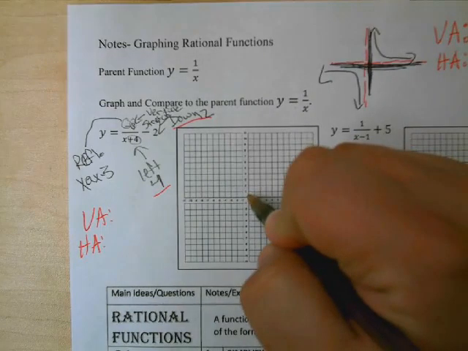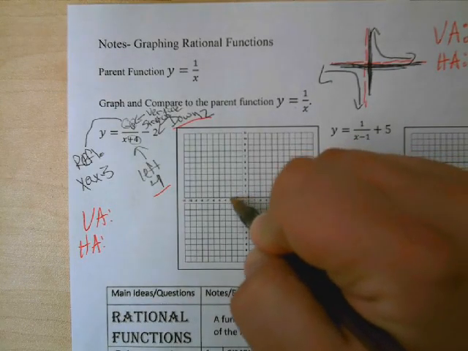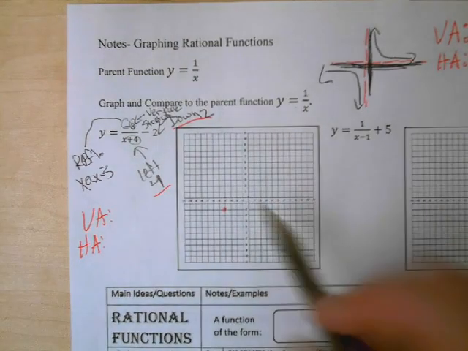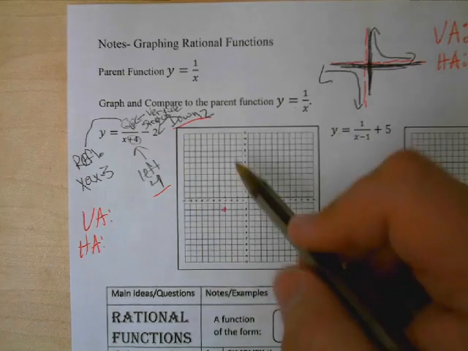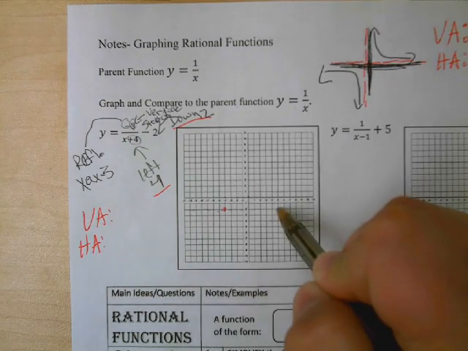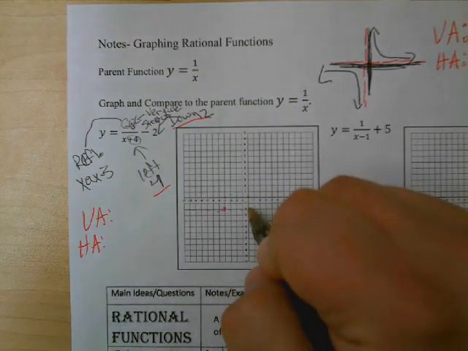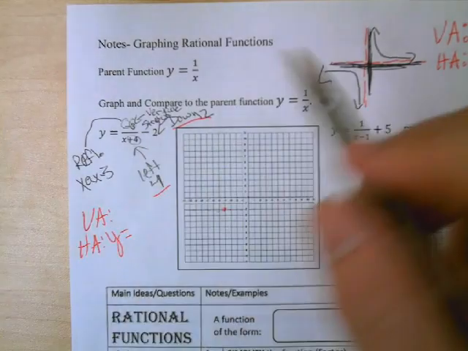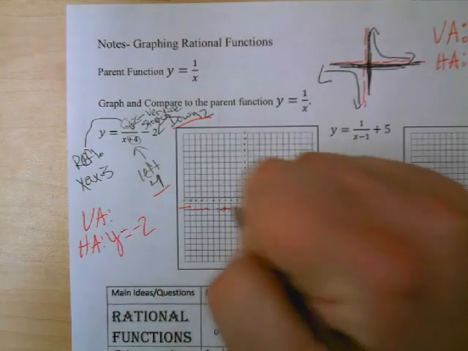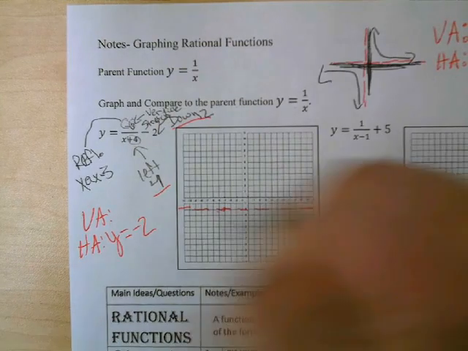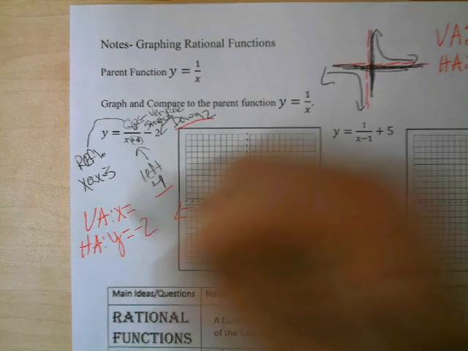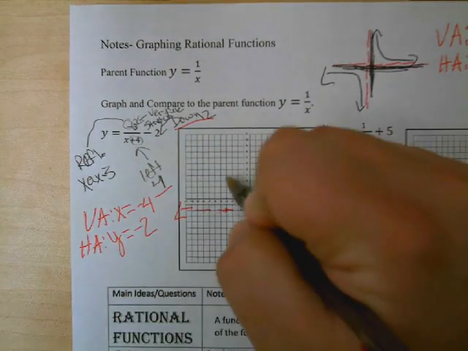So I'm going to start at 0, 0, and go left 4, 1, 2, 3, 4, and down 2, 1, 2. That's where they have to meet. So where's my horizontal asymptote at? Through the point at y equals negative 2, right, because you went down 2. Yep, I went down 2. That's how I know. And my vertical asymptote, where's that going to be at? X equals negative 4. Yeah, negative 4, right. Good job.